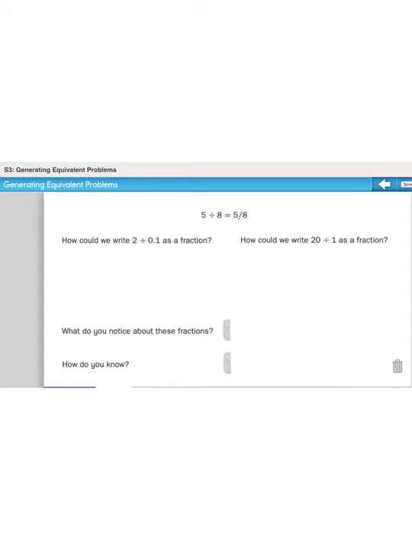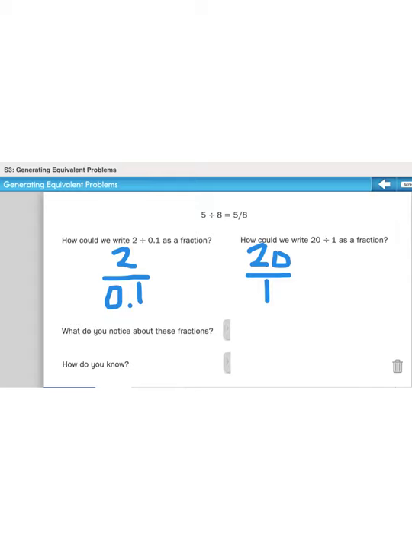We could write it as 2 over 1/10. So that's written as a fraction. How could we write 20 divided by 1 as a fraction? We could write it as 20 over 1.